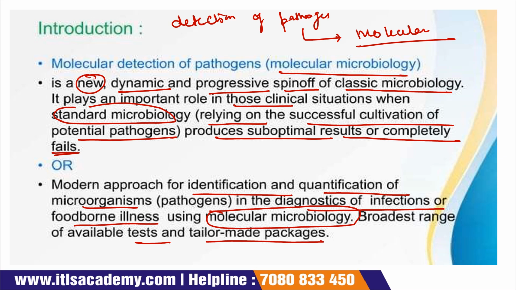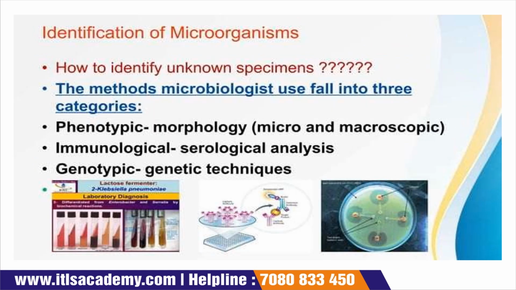Now the next is identification of the microorganisms. How do we identify unknown specimens? The methods microbiologists use fall into three categories.